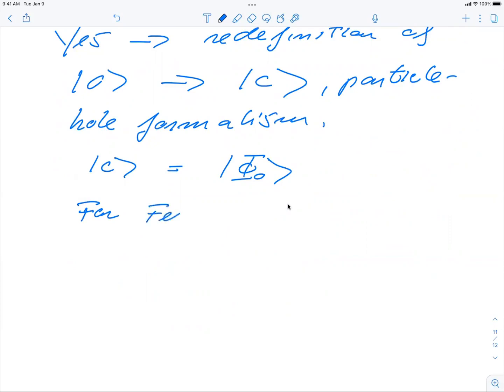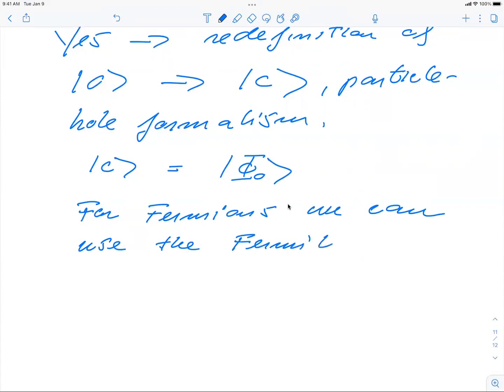So for fermions, we can use the Fermi level to define an ansatz for the state C.